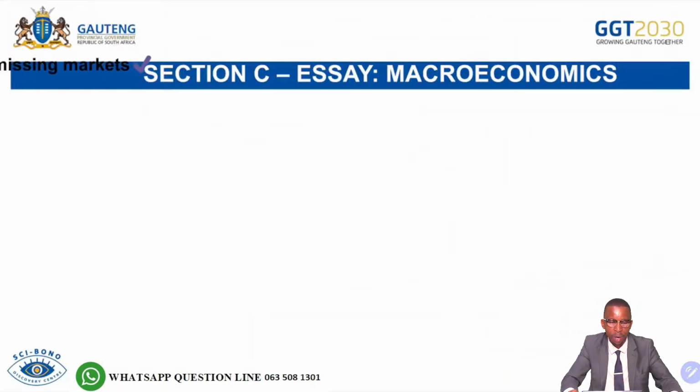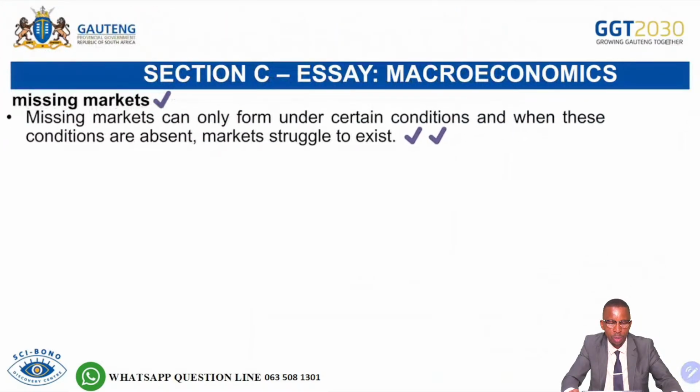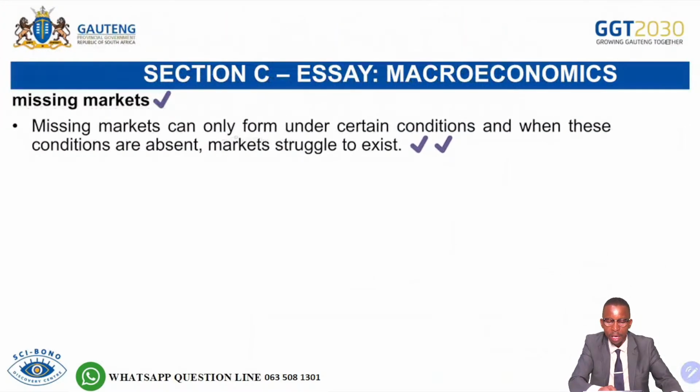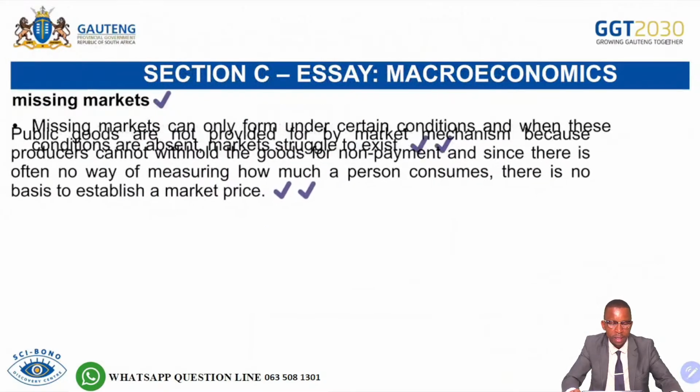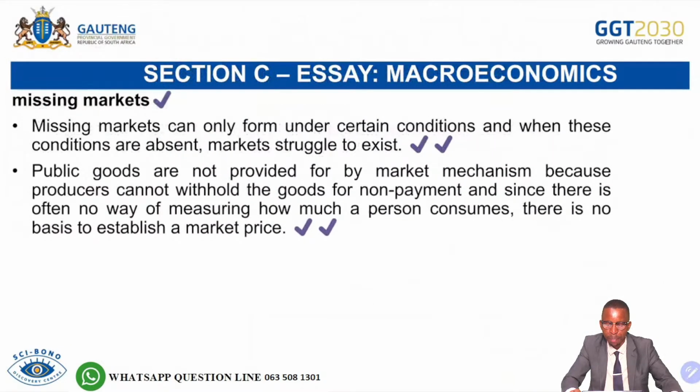And then we have our missing markets as reasons in our body. Remember, we talk about missing markets can only form under certain conditions, and when these conditions are absent, markets struggle to exist. And then also public goods are not provided by the market mechanism because producers cannot withhold the goods for non-payment.